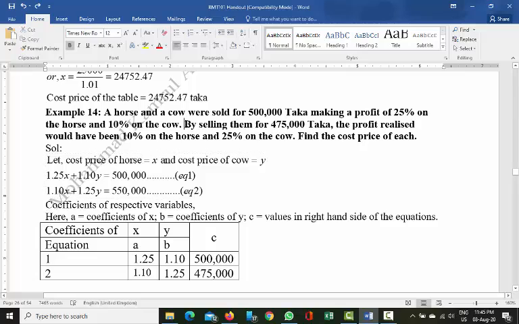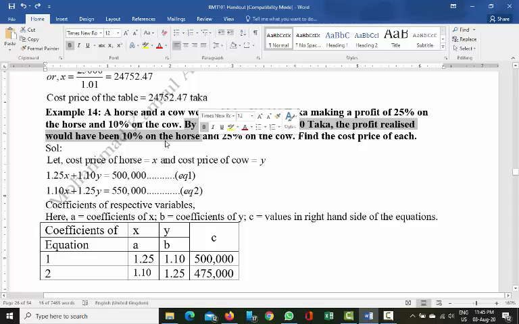Now the second information: by selling them for 475,000 taka, that's the total sales price. If you sell the cow and horse at this price, the profit realized would have been 10% on the horse.